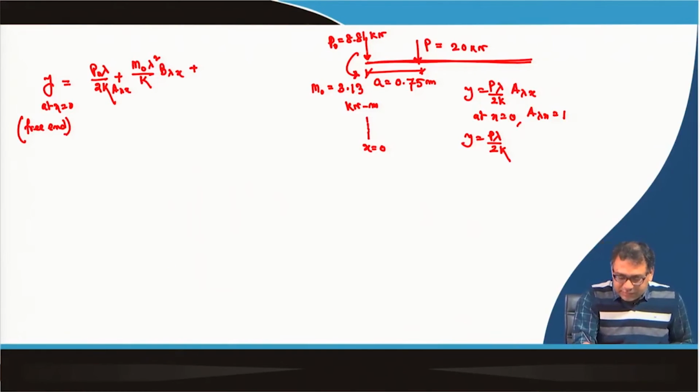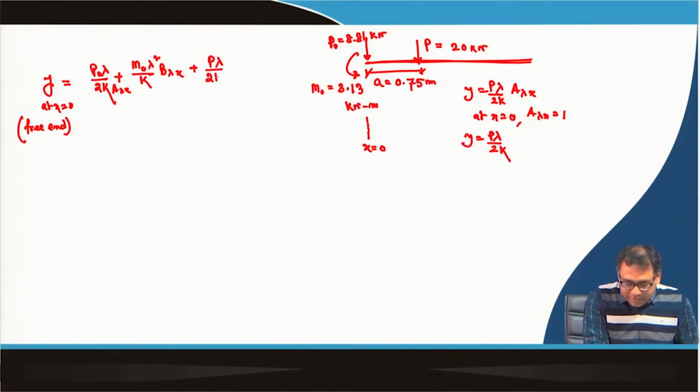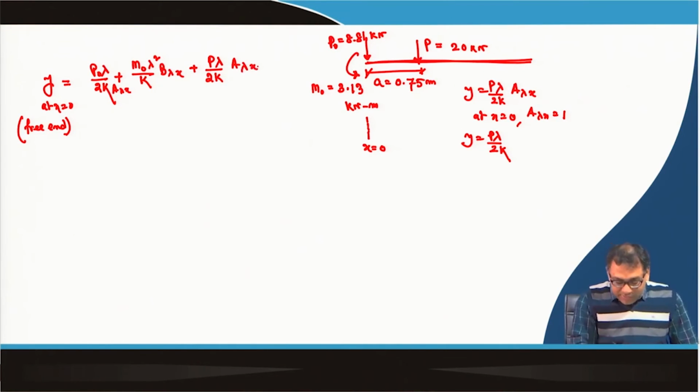So, for this concentrated load P0 lambda by 2k A lambda x, for this concentrated moment M0 lambda square by k B lambda x, and then for this concentrated force P, lambda by 2k into A lambda x. Now I can write at x equal to 0, because P0 is acting at x equal to 0, and I want to determine the y at x equal to 0.